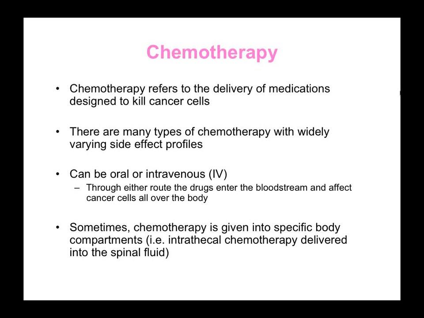On occasion, chemotherapy can actually be given into specific body compartments. So in ovarian cancer, for example, you can have chemotherapy instilled into the peritoneal cavity or the abdominal cavity. And sometimes when cancer has spread to the spinal fluid and the nervous system, chemotherapy can actually be administered and delivered directly into that space, into the spinal fluid. So there are many different ways of giving chemotherapy.